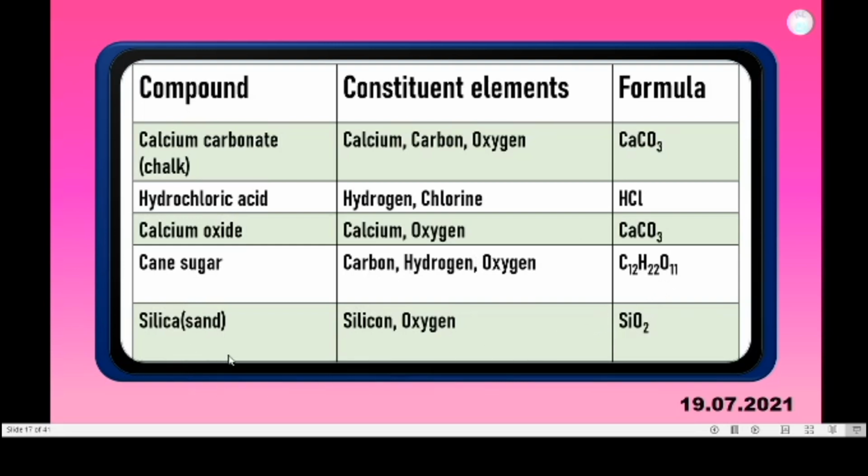Silica, that is sand: what elements are present in sand? Silicon and oxygen. Two elements are present in sand, and the formula of silica is SiO2. Like that, you practice what elements are present in compounds.